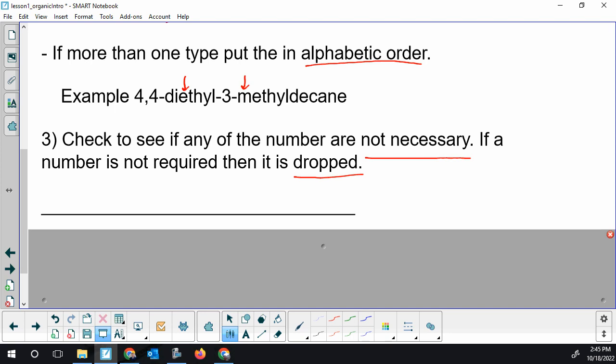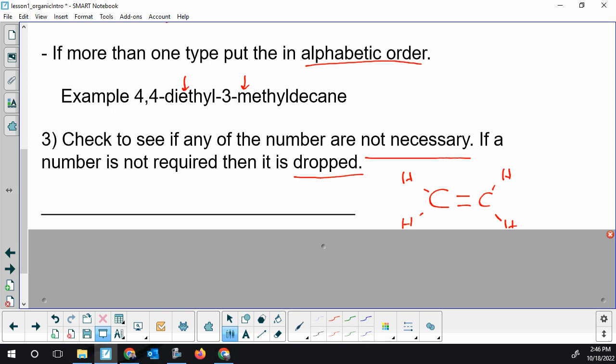An example where you would do this is in this molecule. There are 2 carbons, so that's eth. It's got a double bond, so it's an ene.